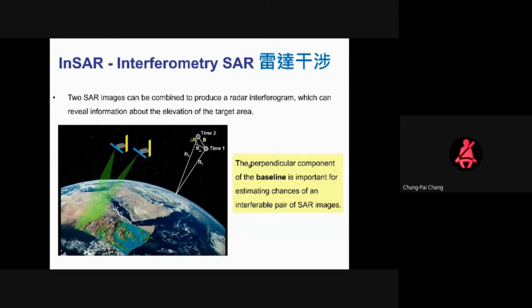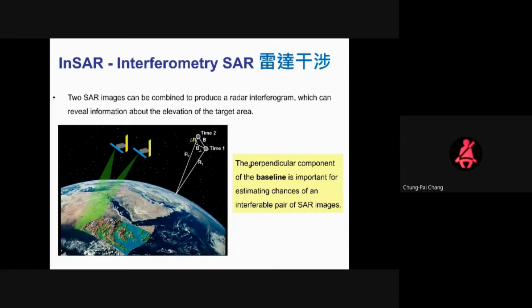But actually, the radar image includes not only this direct information. We have many other kinds of information you can use. For example, the phase information, because the wavelength of the radar signal is large enough to be calculated.